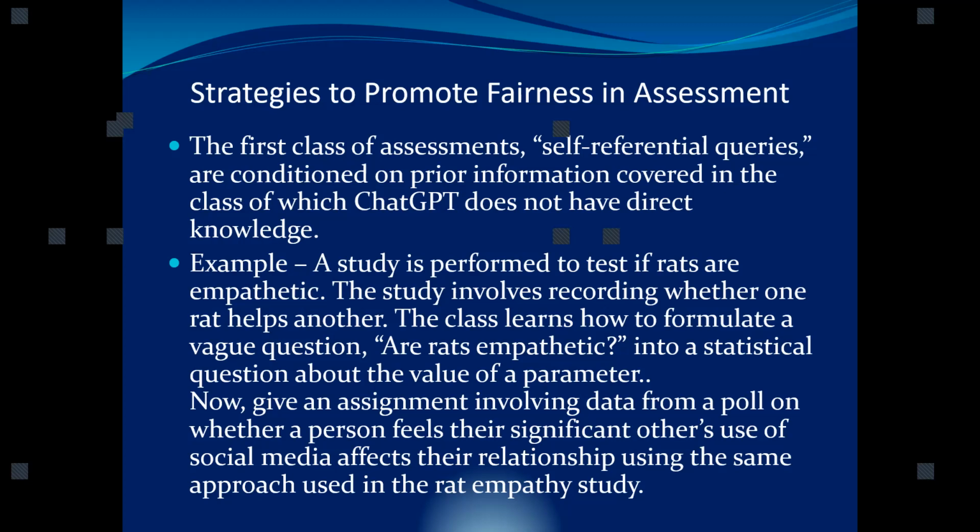We changed basically the rat into the person. So students have the knowledge from the class example, but ChatGPT has no clue what we are talking about, the empathy study.